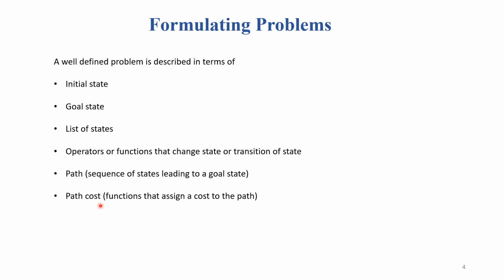And then comes path cost. These are the functions that assign a cost to the path, maybe in terms of the time or the money that we have spent. So a well-defined problem will be described in terms of these components.